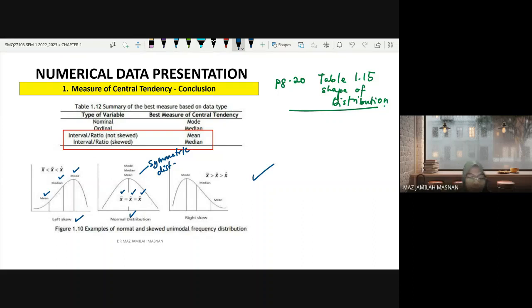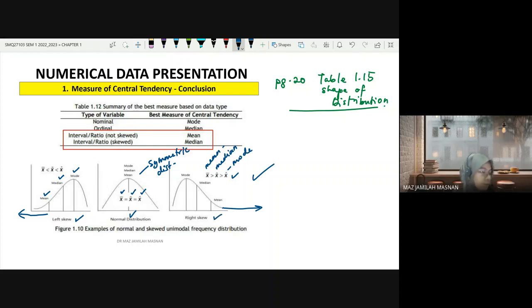It means that your data will be more skewed to the left. That's why we call it left skewed. And if the mode is smaller than the median, and the median is smaller than the mean, when you have this situation, we know that it is skewed to the right, and we call it a right skewed distribution.